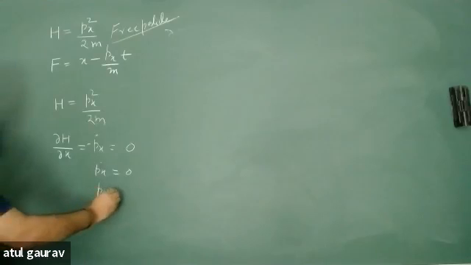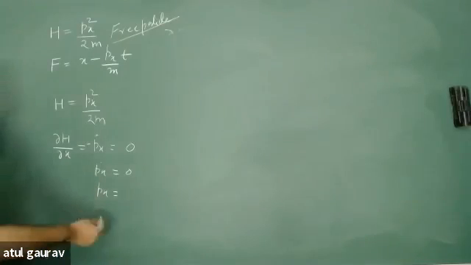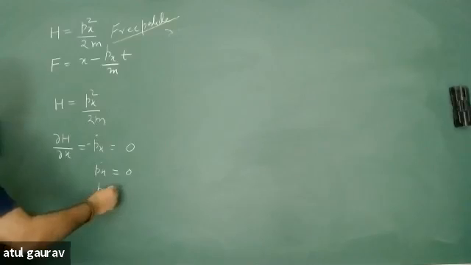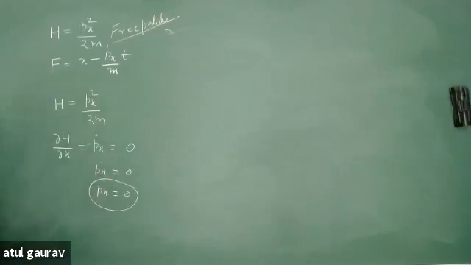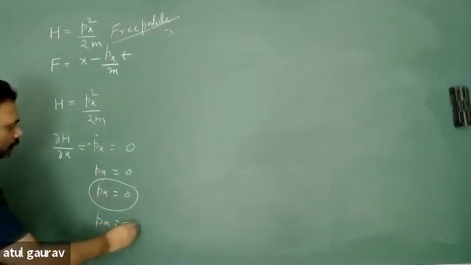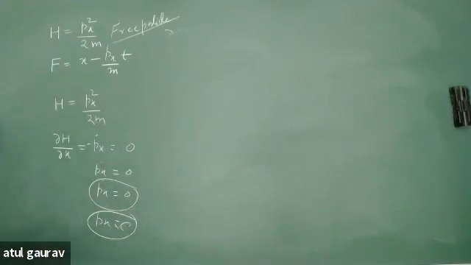So px is equal to some constant. Leave it; px dot is 0 right now, so px is some constant. There is not any problem. So we have seen that in this problem px is constant.